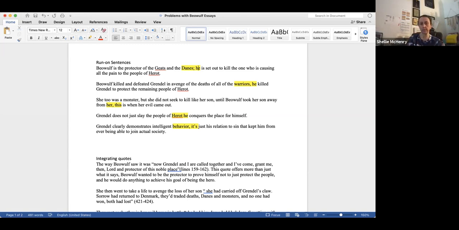So this would be an example of proper usage. Beowulf killed and defeated Grendel and avenged the death of all the warriors. He killed Grendel to protect the remaining people of Heorot. Exact same thing happening here.